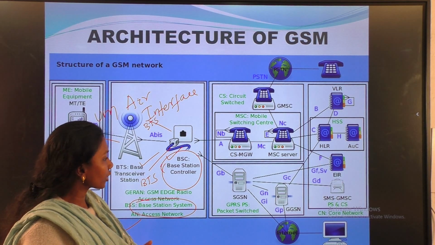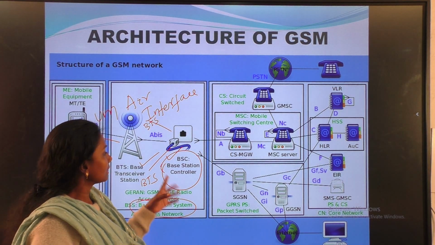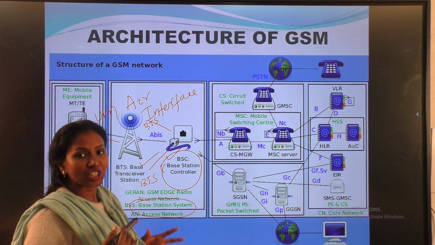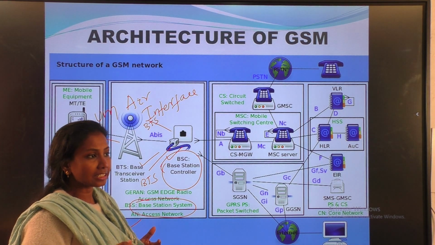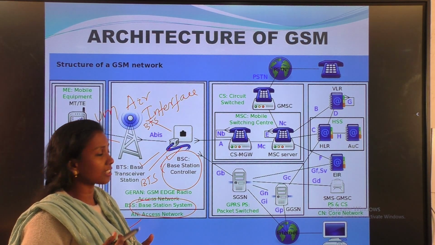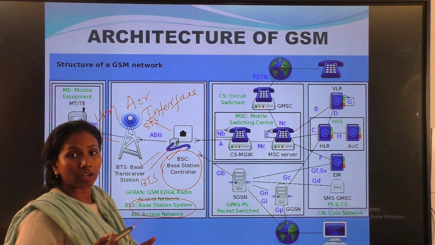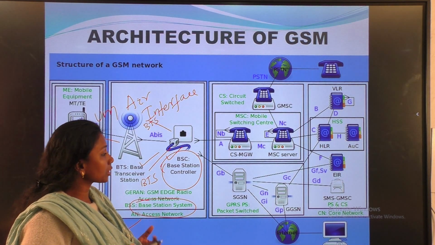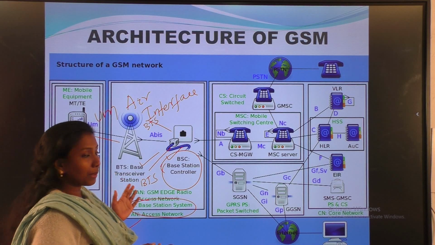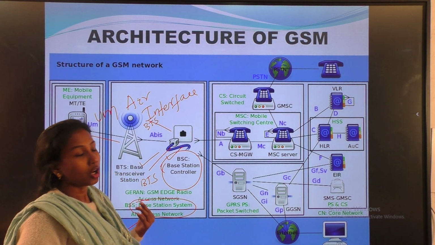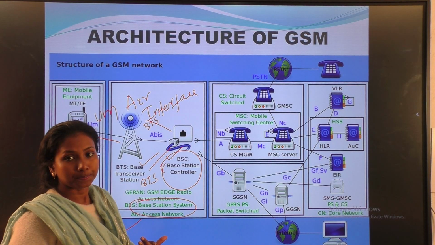So whenever you are putting a call, then the BSC checks whether the signal is correct or not, whether the signal is good or not, and also maintains the quality and transfers the power to the base transceiver station and your mobile station.